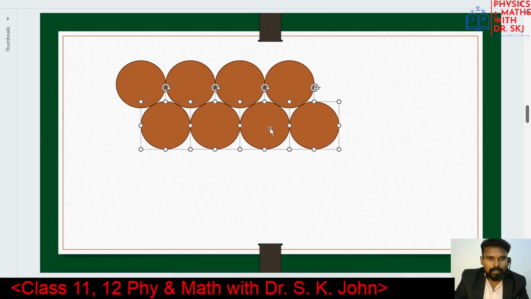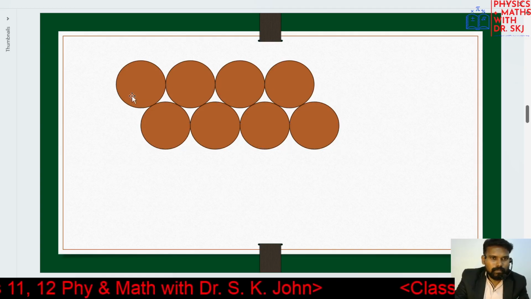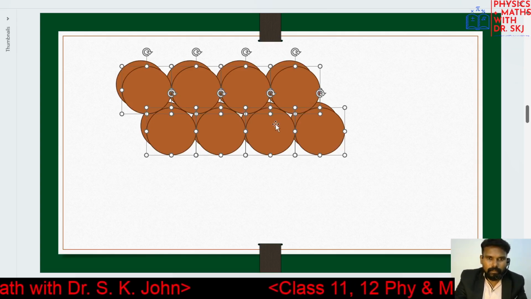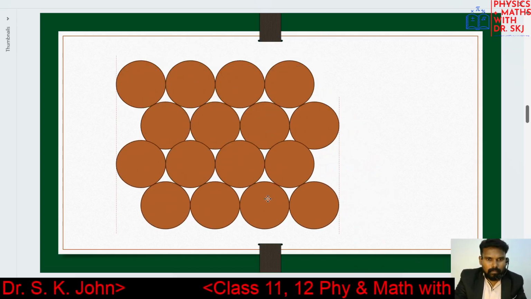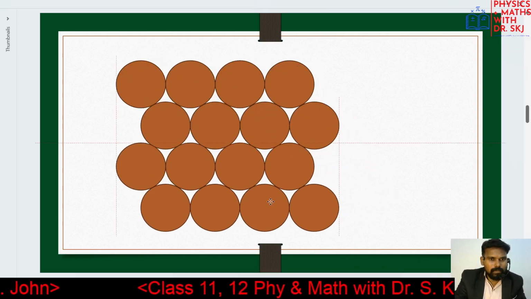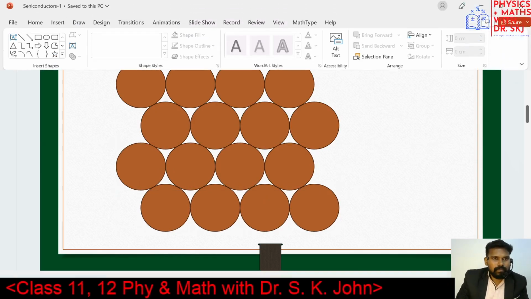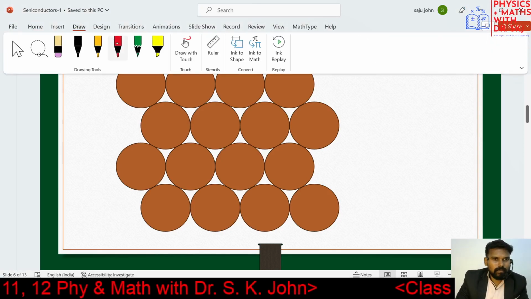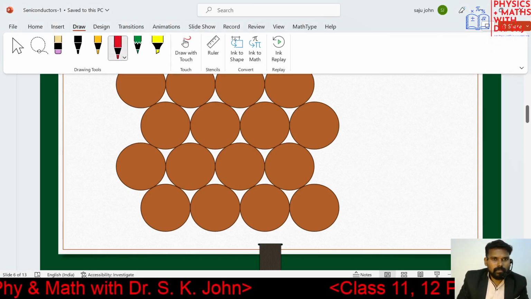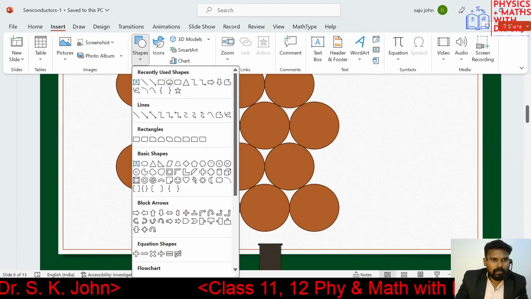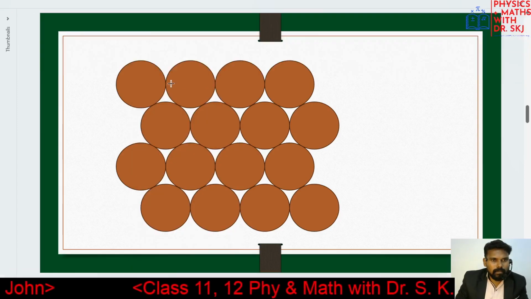I am representing atoms as big spheres. So let me copy this again. The atoms are arranged like this. Consider the nucleus of the atom. Let me draw a small sphere.